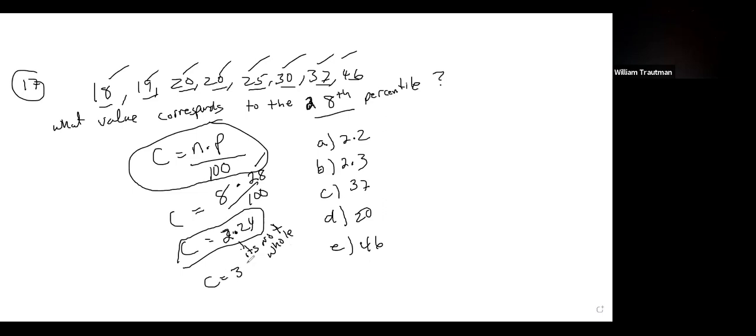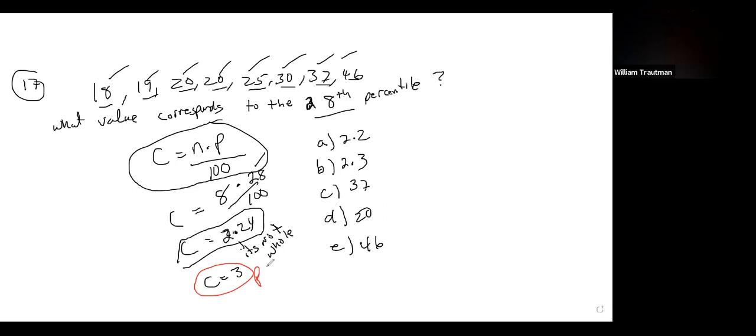Did anybody put 3 down as an answer? Because 3 is not the answer. I'm just checking. But keep on reading. If C is not a whole number, round up to the next whole number. Starting at the lowest value, count over to that number. C tells you the position.